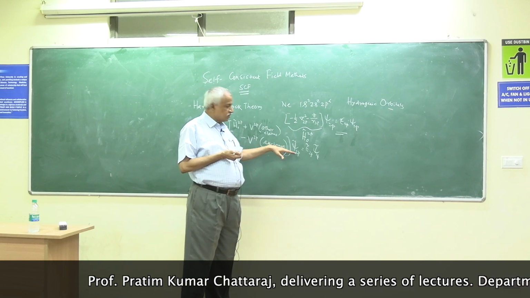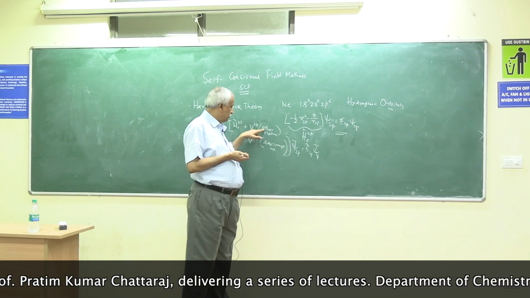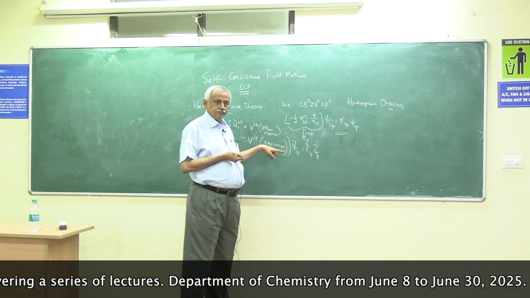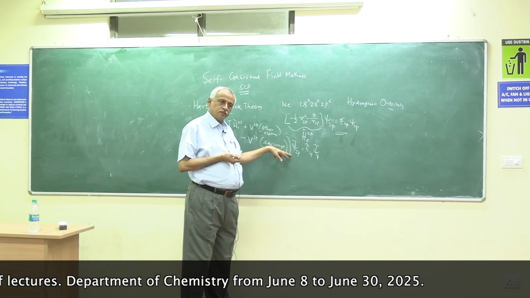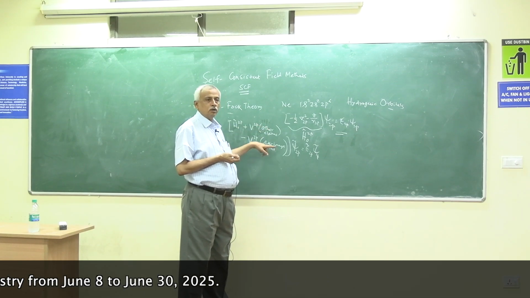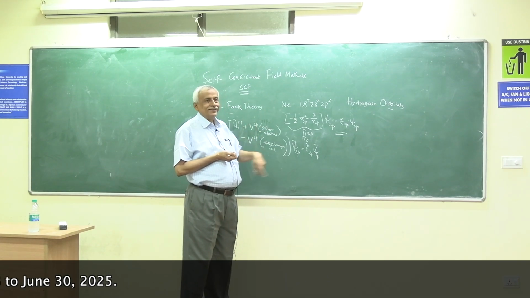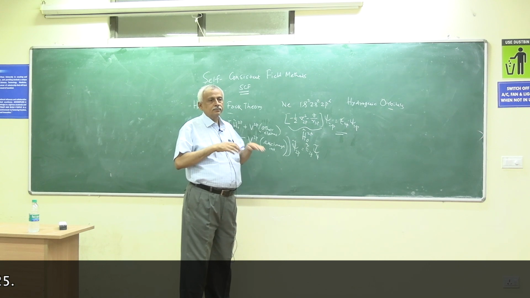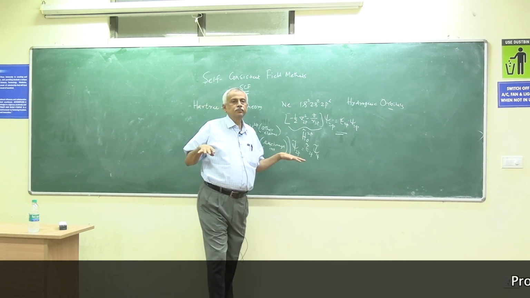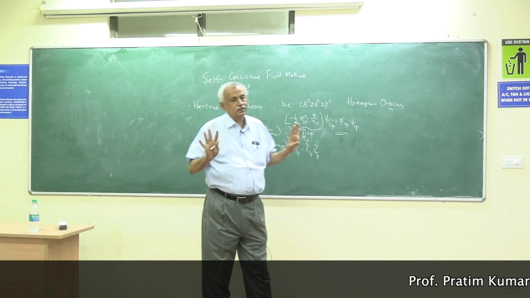To start with, you can start with hydrogenic orbitals, calculate these terms, do it once, and get a new set of psi. With the new set of psi, you calculate these two again, solve, and keep on doing it until two successive iterations give, for all practical purposes, the same result.